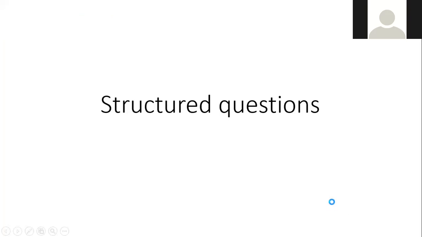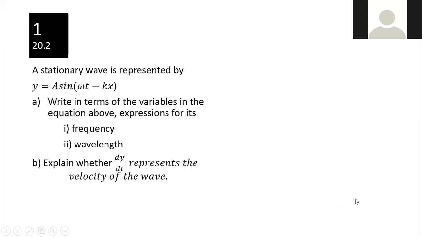Okay, let's go number 1. The stationary wave is represented by the equation. Write in terms of variable in the equation above, what represents the frequency? So what is the frequency?